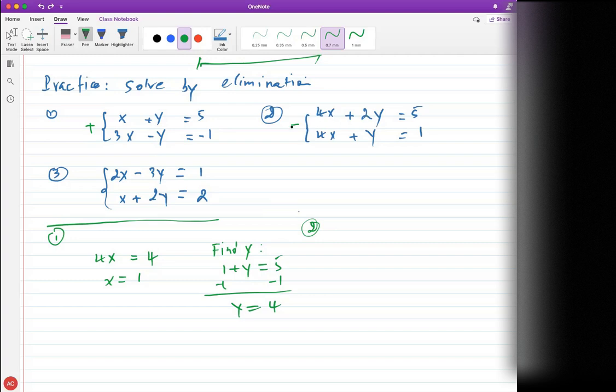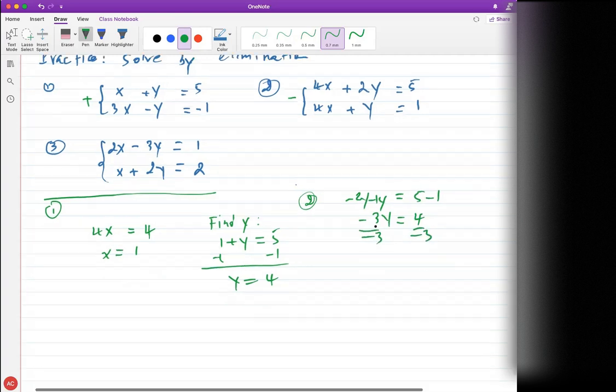We have -2y minus y, and 5 minus 1. Here we have -3y, and here we have 4. Finally, divide by -3, divide by -3. Y is -4/3.